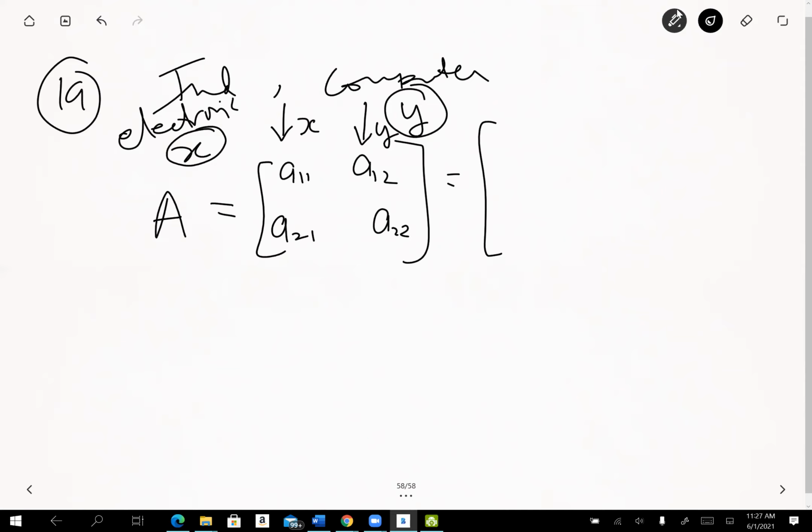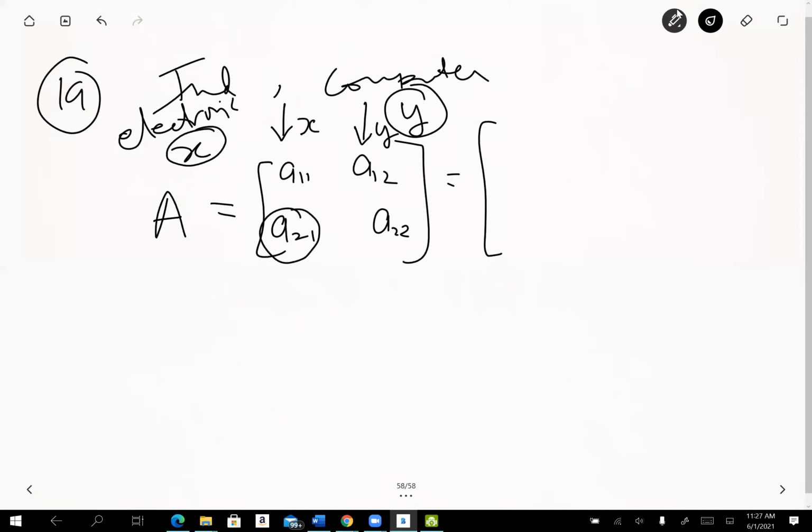So how do you put in the numbers? What is A11? 0.3. Okay, A11 will be 0.3. And then what is the next value? A21?